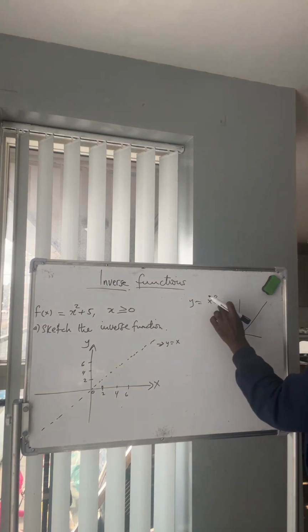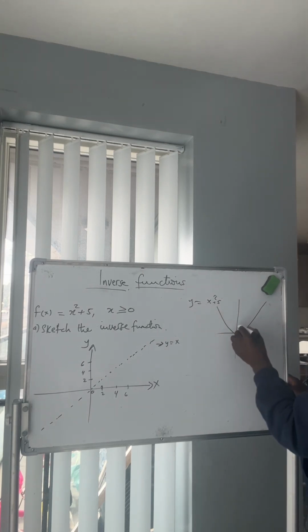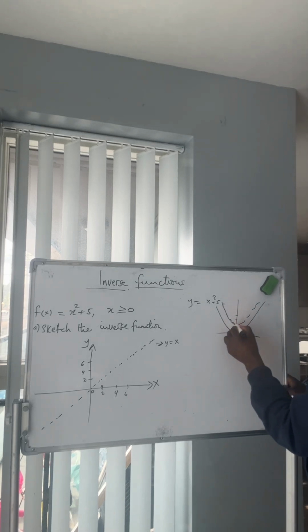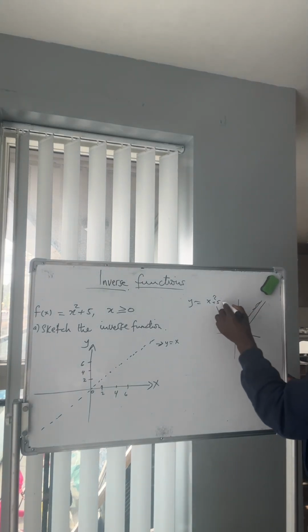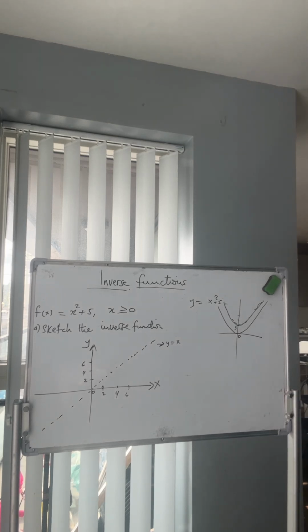But if you now want to sketch the graph of y equals x squared plus 5, this graph now will take something like this. It has moved a little bit further up the y-axis to 5 here. So that's what you have.